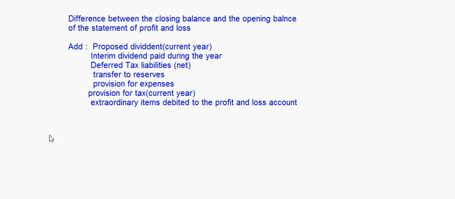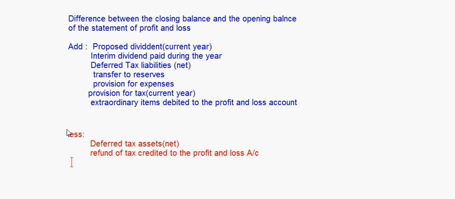Now let us look at the items which are to be deducted, right? So in this, deferred tax assets, the net deferred tax assets will be subtracted. Refund of tax credited to the profit and loss account, this will be deducted, right?